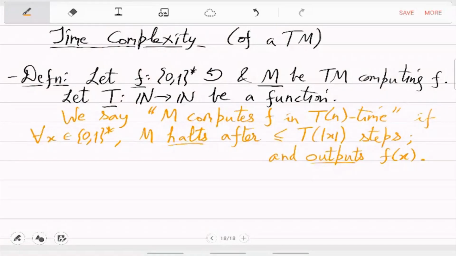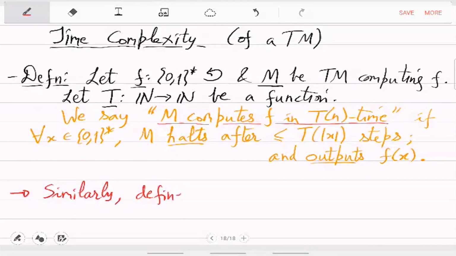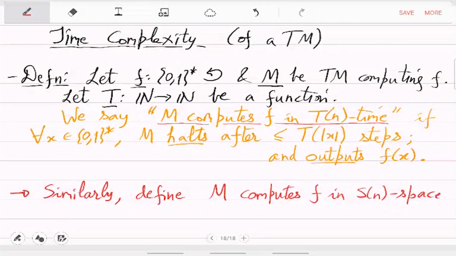So we have defined that M computes F in T(n) time. Similarly, you can define the meaning of the expression M computes F in S(n) space.